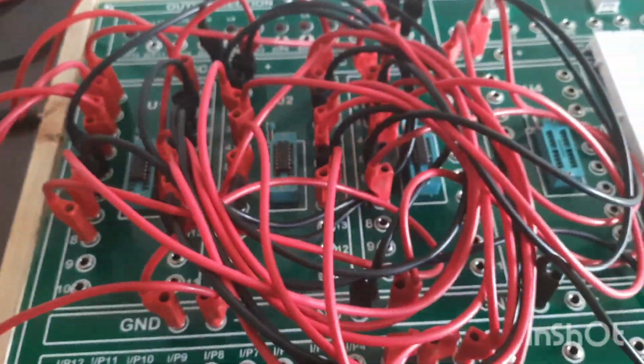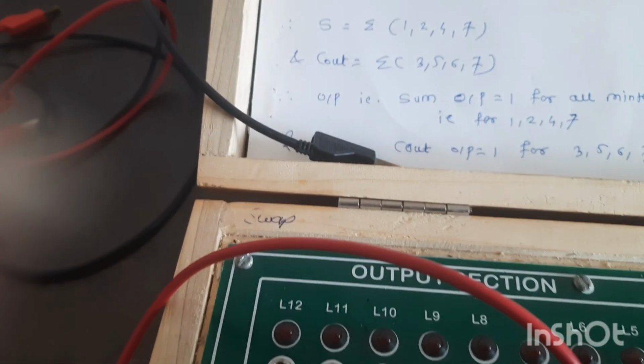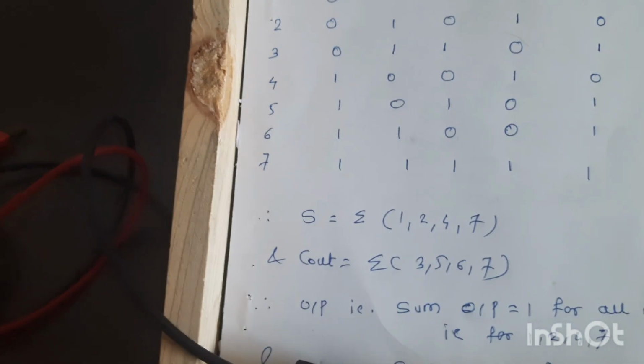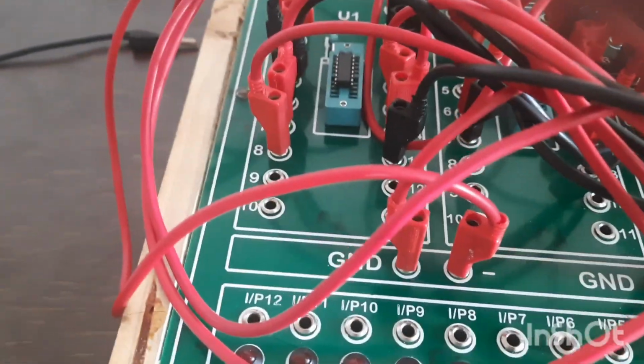You can see for minterms 1, 2, 4, 7, the sum output is 1. So give one input, that is 0, 0, 1.